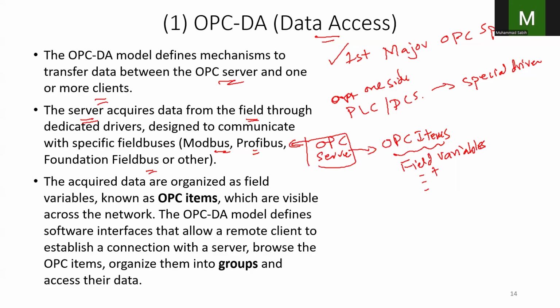This may be the temperature of a furnace, or pressure, or motor status, or flow, or a level in a tank.